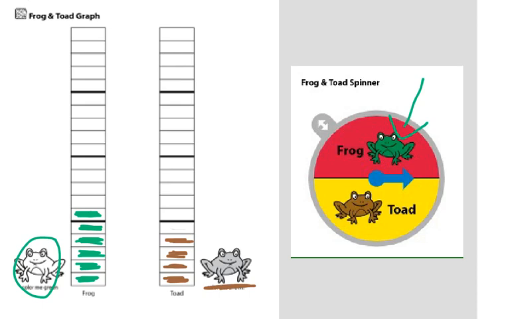Now it's time for that tricky question. This is our than question. Here's the word than. We use than to compare 2 things. So your question is, how many more does frog have than toad?